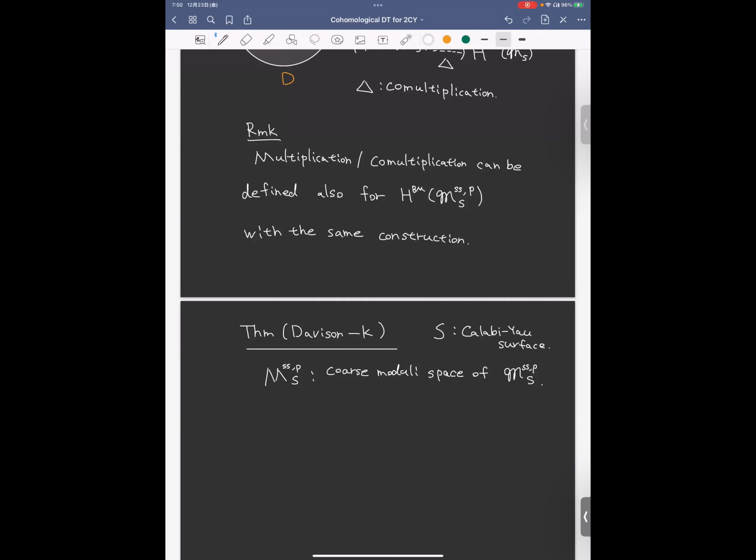And then we have a perverse sheaf called the BPS sheaf on this moduli space, with the following property.